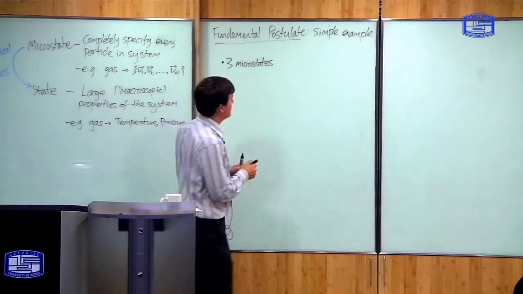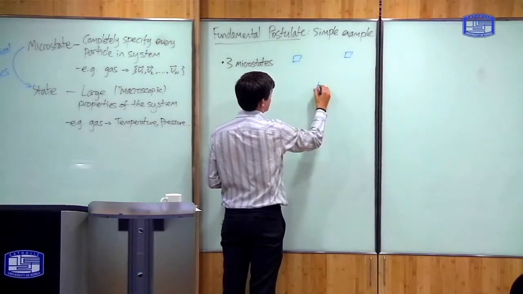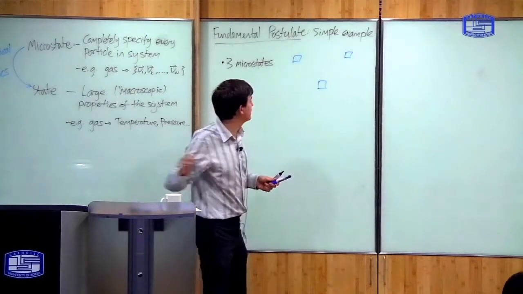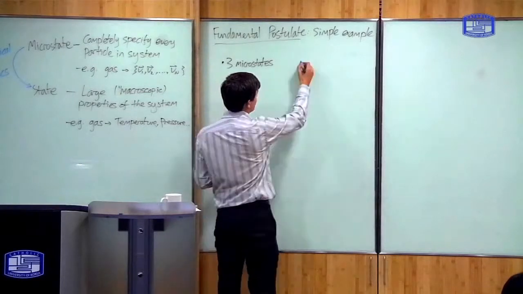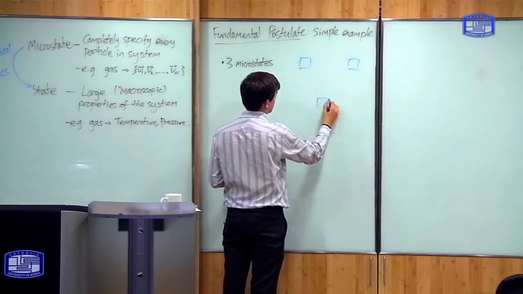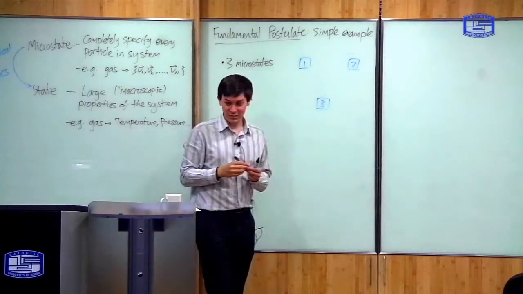So if I continue using the coloring that I used before, there are 3 microstates. Let me draw it a bit bigger. There are 3 microstates like this. Number 1, number 2, number 3.